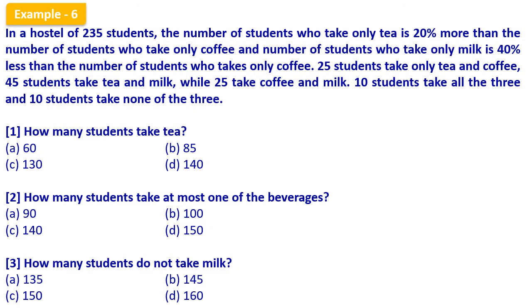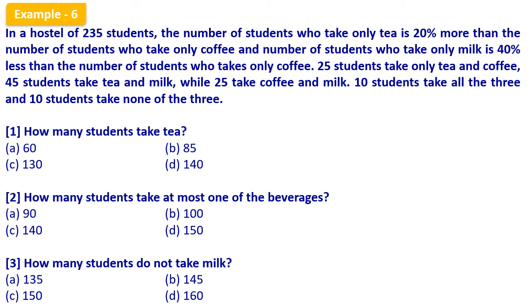Example 6. In a hostel of 235 students, the number of students who take only tea is 20% more than the number of students who take only coffee, and the number of students who take only milk is 40% less than the number of students who take only coffee. 25 students take only tea and coffee, 45 students take tea and milk, and 25 take coffee and milk. 10 students take all the three and 10 students take none of the three.